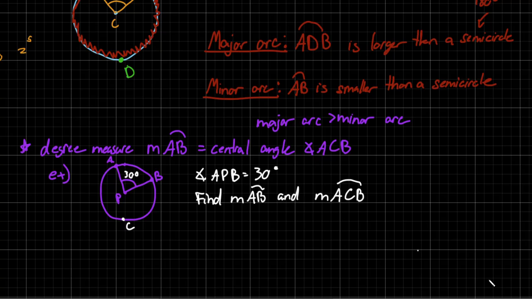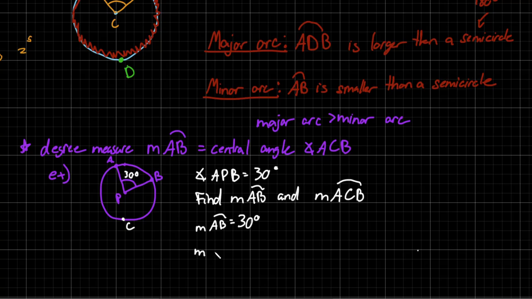Okay, Camille, how did you guys start? Equals what? Yep, 30 degrees. So if the angle in between here is 30 degrees, this degree measure of the arc is 30 degrees. Okay.